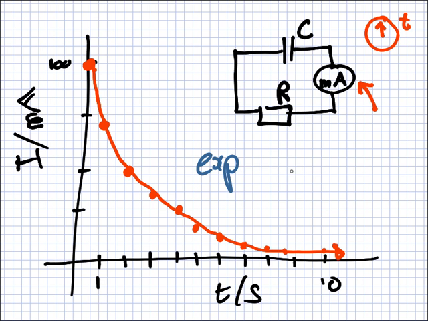Exponential. Or, if you don't like that word, you can write EXP for short. Or, for very short, you can just write e to the minus x. That's the shape. Exponential. Okay, so I think it would be good if you can draw the graph with the circuit.